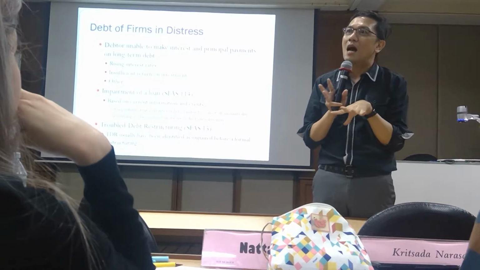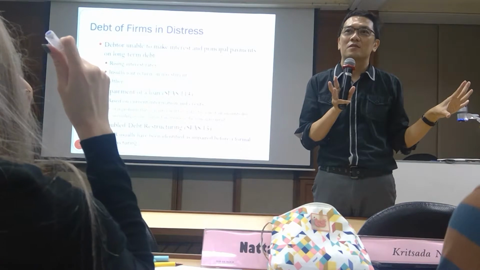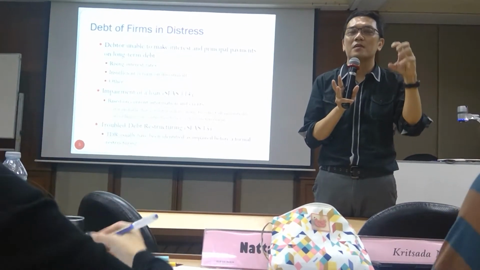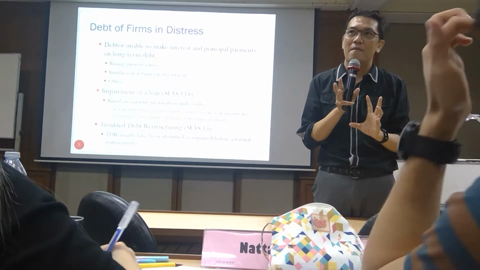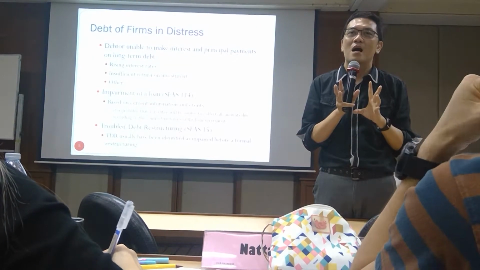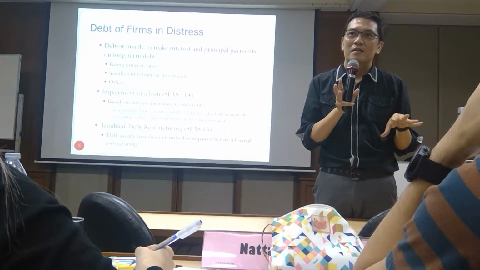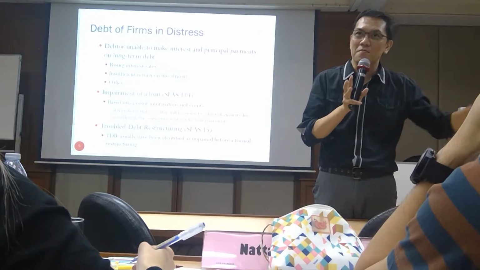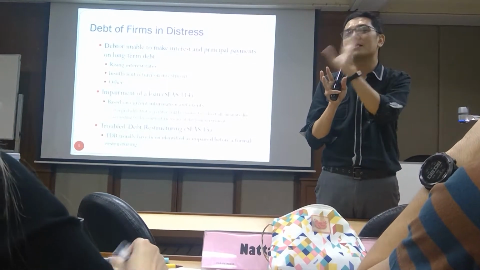You set up allowance for doubtful accounts to adjust, to make sure they get to the net realizable value. But what if the AR is impaired? You need to set up allowance for impairment, again in terms of the size of the AR.